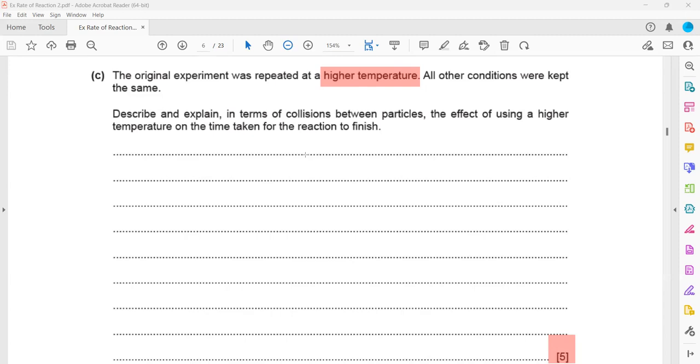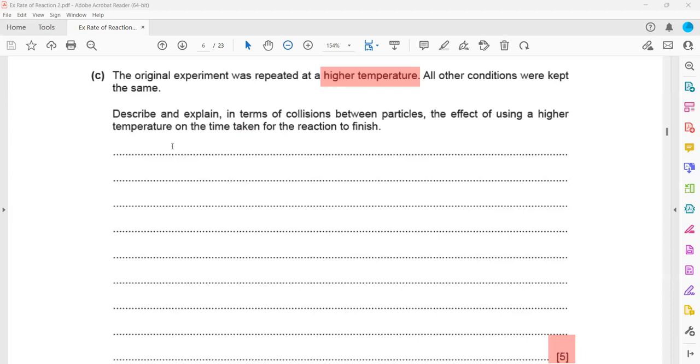Particles will have more energy. Particles will move faster. When you mention more energy, that is 1 mark, moving faster or high speed is another mark. More collisions per second and a greater number of the particles have energy more than activation energy. You have more successful collisions.